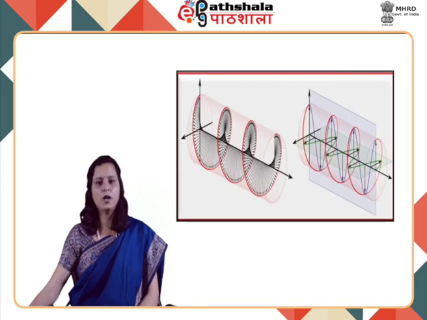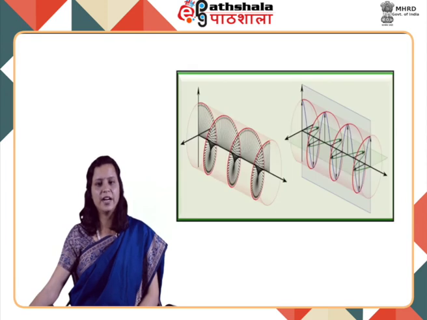Right-handed or clockwise circularly polarized light is displayed here with and without the components. Right-handed or clockwise circularly polarized light would be considered left-handed or counterclockwise if viewed from the point of view of the source instead of the receiver.